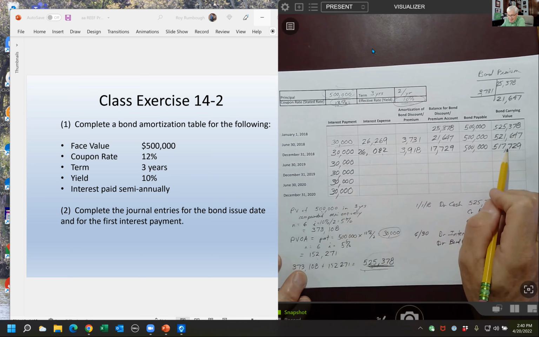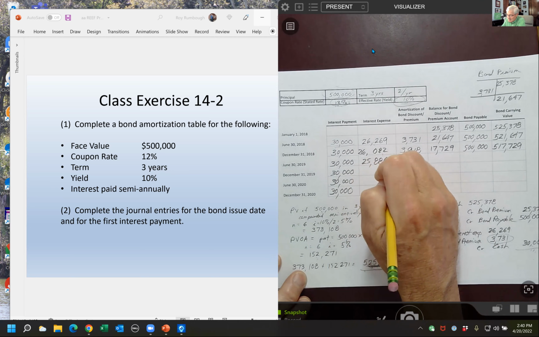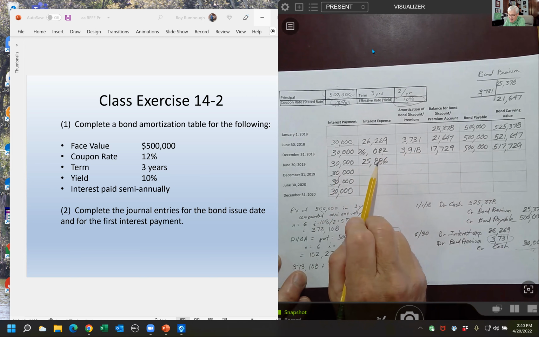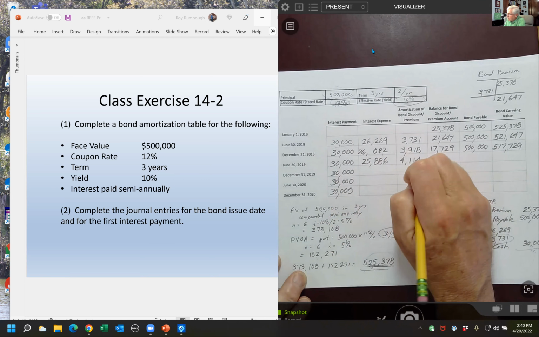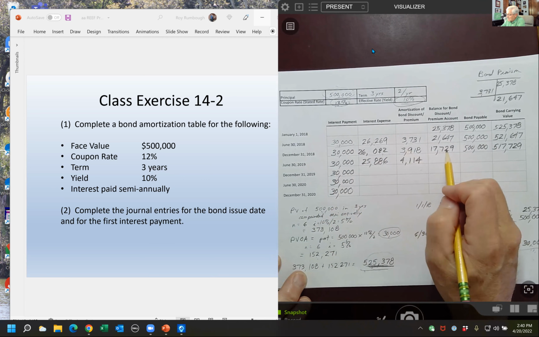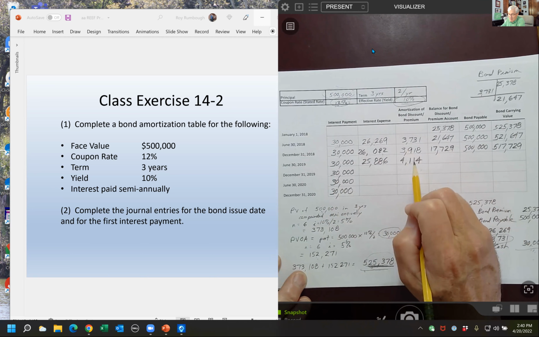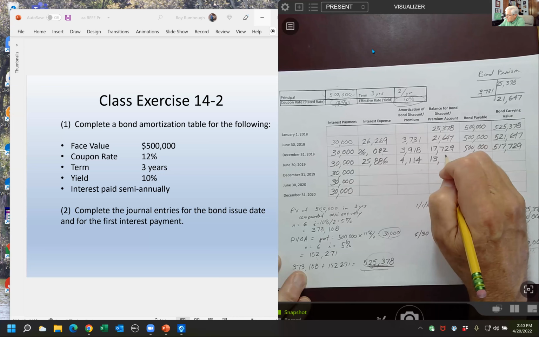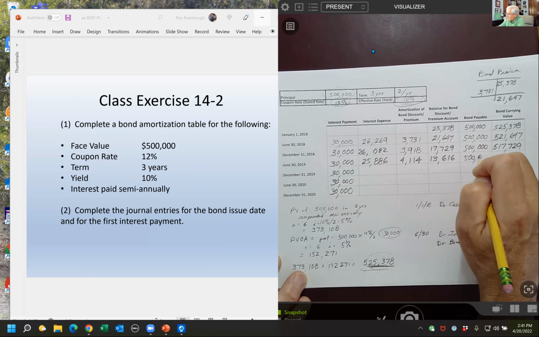What's 5% of 517? 25,886. What's the difference between 30,000 and 25,886? 4,114. Now I take 17,729. That's sitting out there as a credit. I'm going to debit that for 4,114. I end up with 13,616.